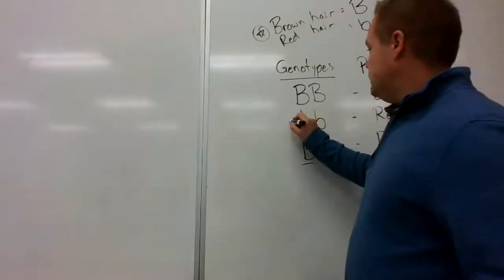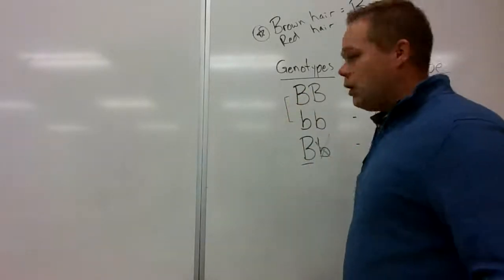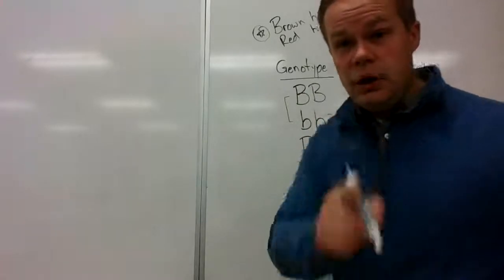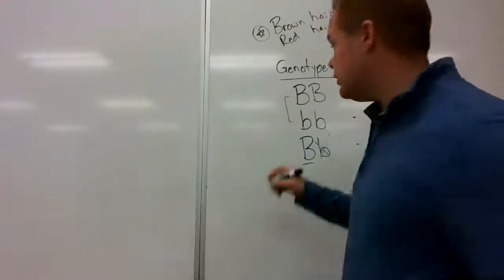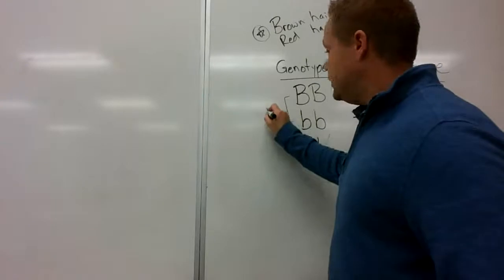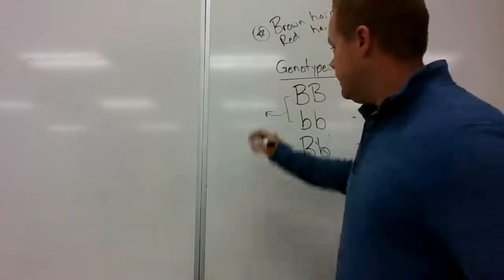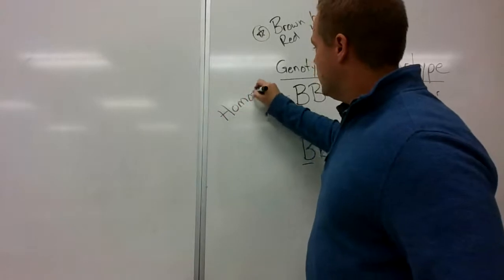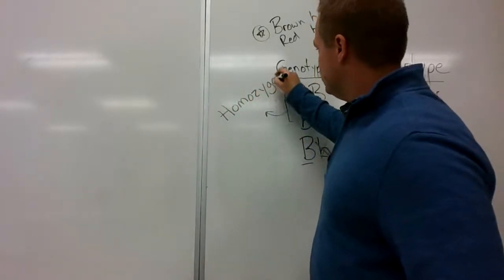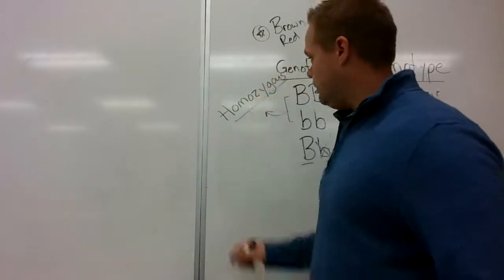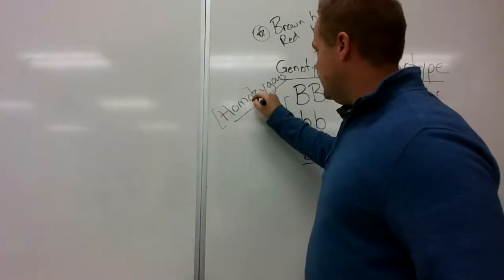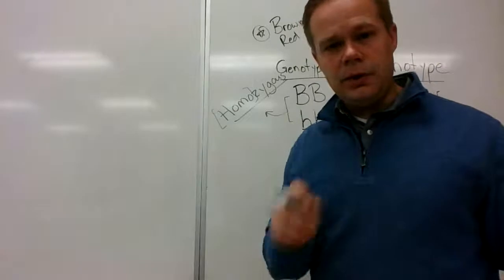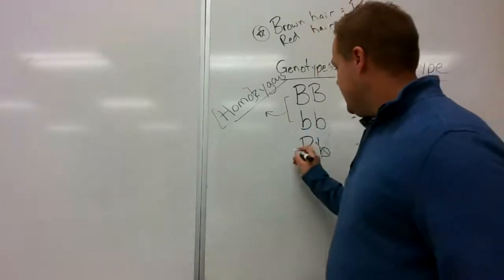Now, these genes, these genotypes have a name, and this is a new thing. This is in your notes if you took them. Make sure you have this in your heredity notes. But the genotype for these is what we call homozygous. Okay? This word right here, HOMO, means same. It's a Latin word for same.